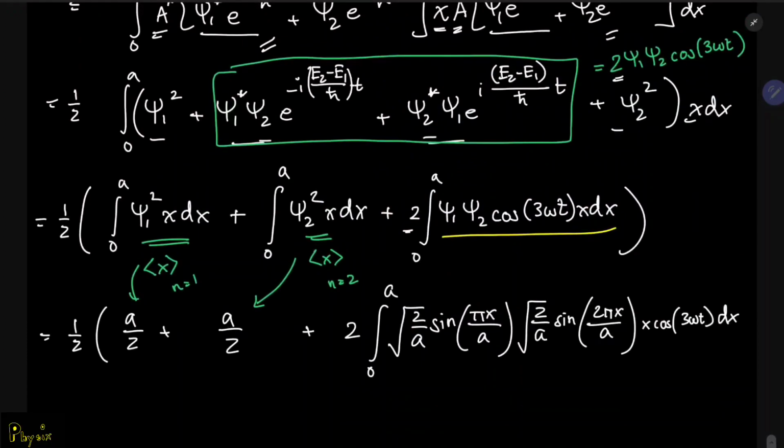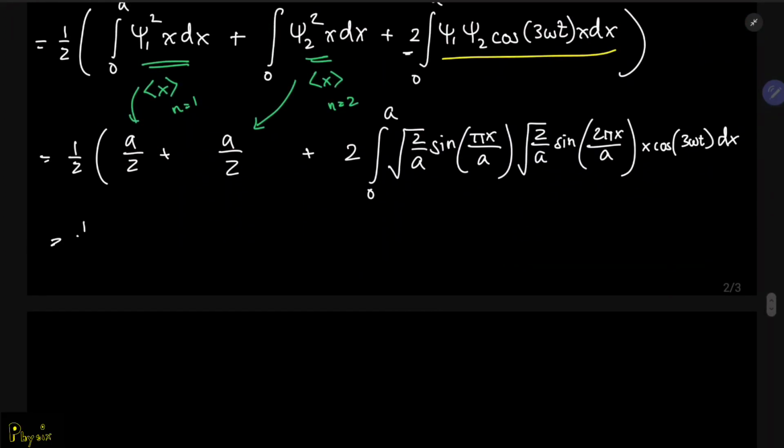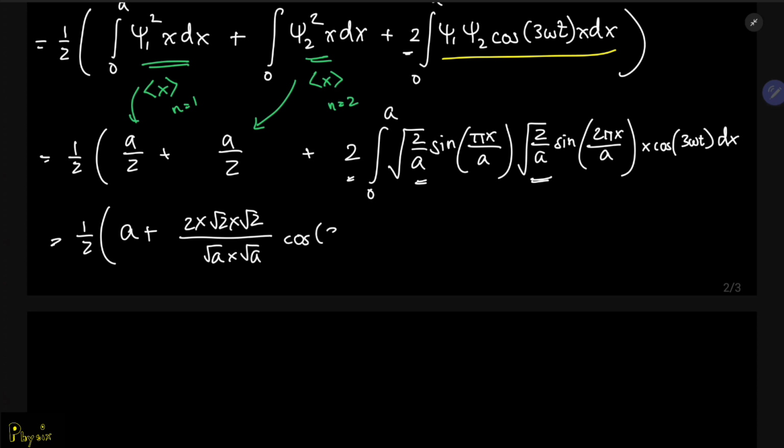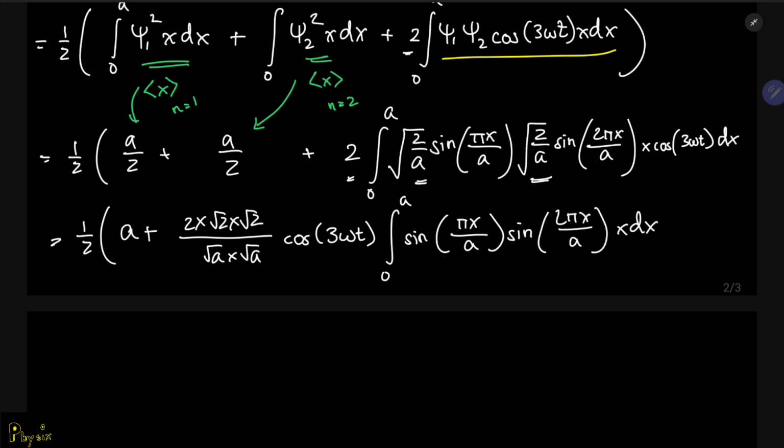If you do further algebra on this, bringing the constants outside, you have 2 times the square root of 2 times the square root of 2 over the square root of a times the square root of a, times cosine of 3 omega t, times the integral from 0 to a of sine of pi x over a times sine of 2 pi x over a times x dx.